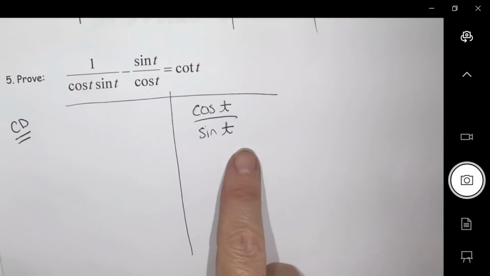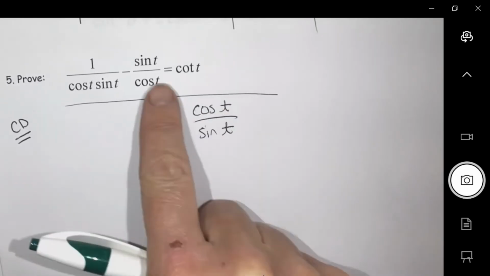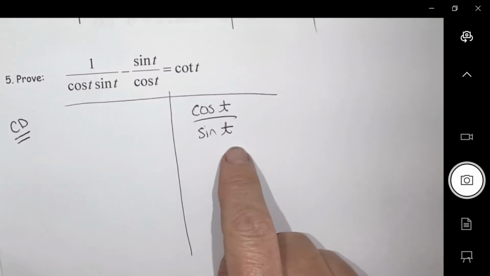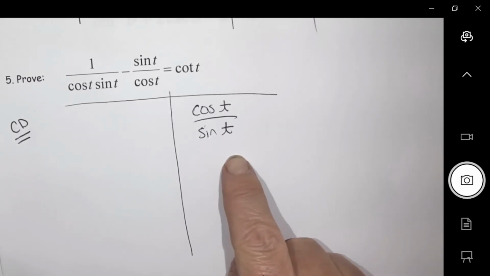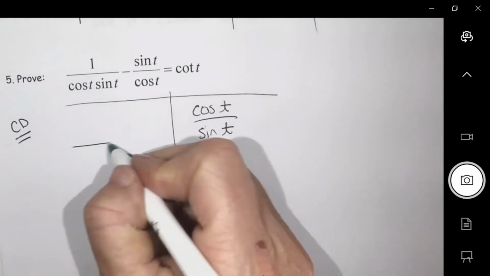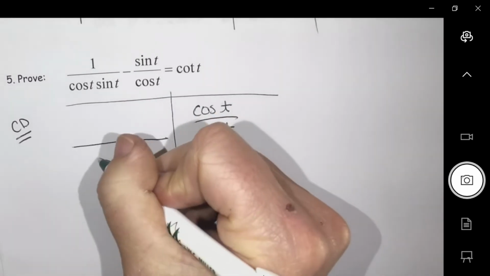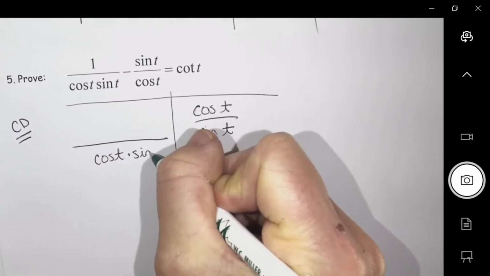Look on this side. My goal is that I'm ending up with 1 fraction. So if I have 1 unit, I somewhere need to put these together. I kind of look at the answer on the other side to see where am I going, right? That's my goal. So what do I need to include in my denominator? I'm going to need a cos t and a sine t.